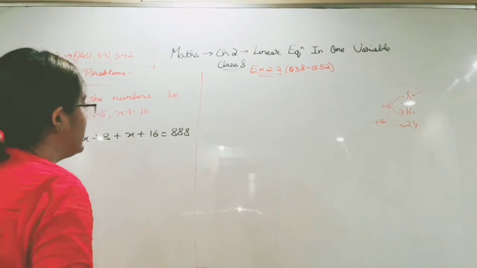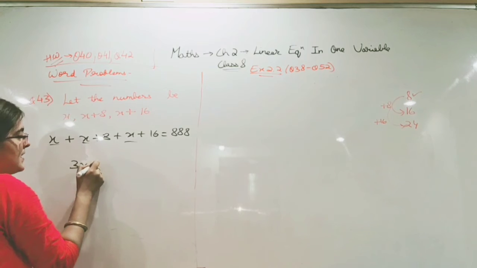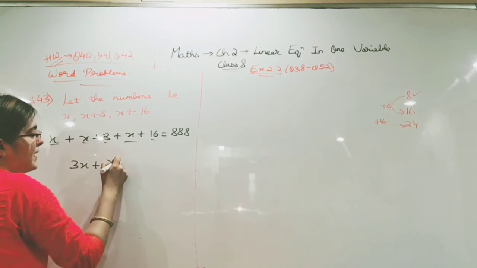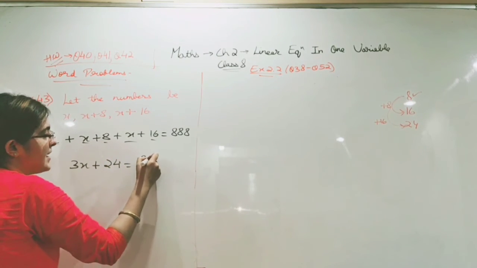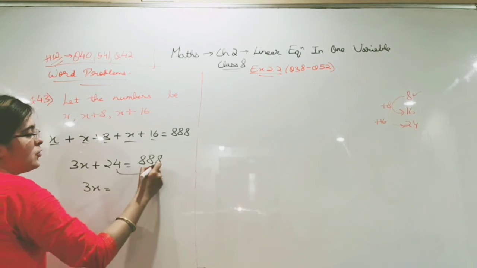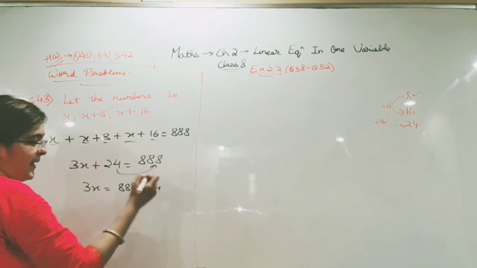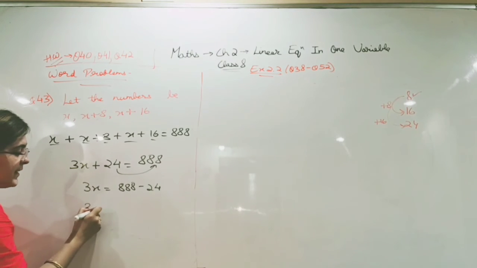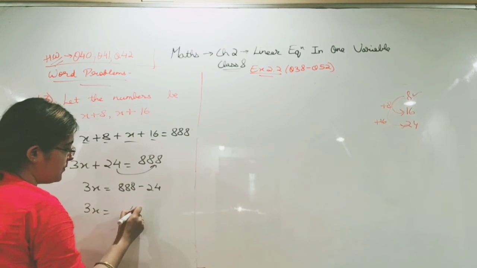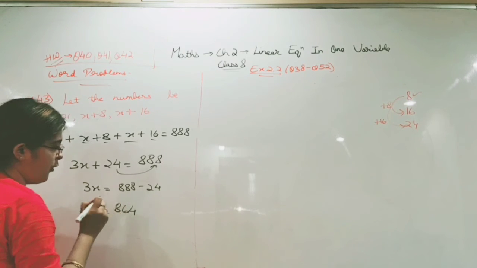Now solve this. What will be x? x and x and x will become 3x. 8 plus 16 will become 24, is equal to 888. Now 3x will be equal to, this 24 will shift here, it will become minus 24. 3x will be equal to 864.